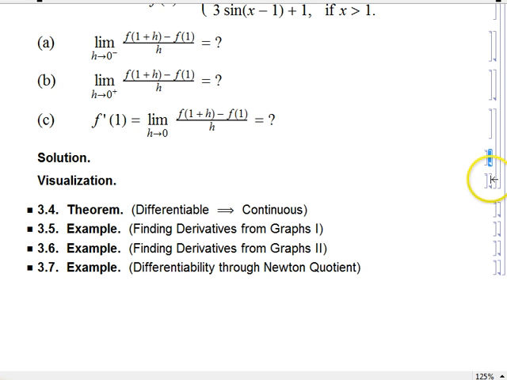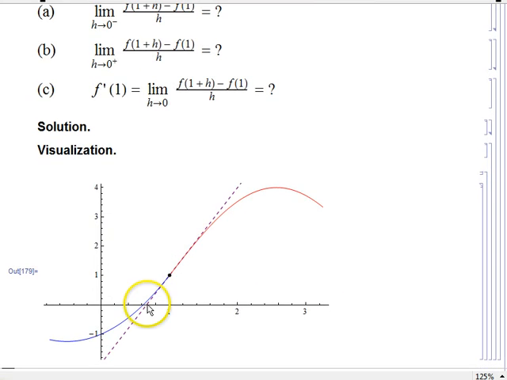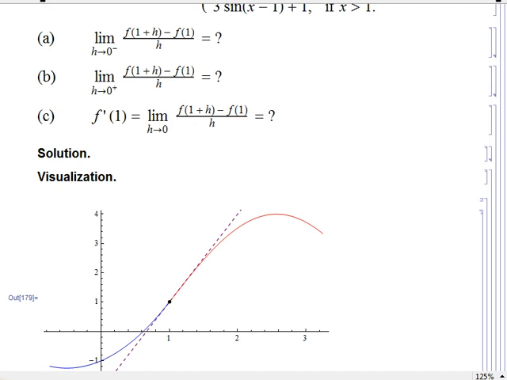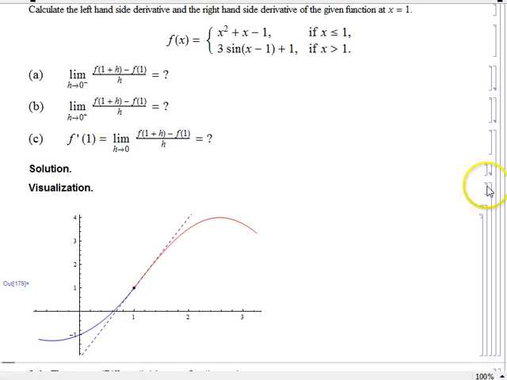Let's verify that with this picture. Here it is. Left-hand side is this blue, right-hand side is this red, and this is the piecewise defined function. Let's go back to standard font size so that I can see everything. The right-hand side derivative and left-hand side derivative are the same, and the tangent line is visualized as this purple dotted line, and that slope is 3.